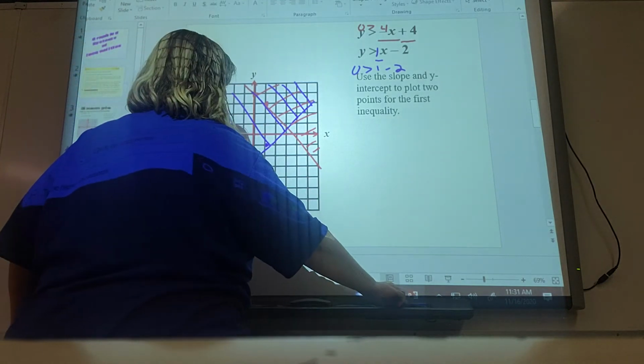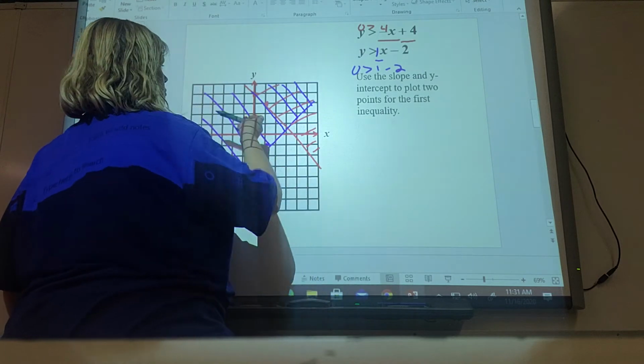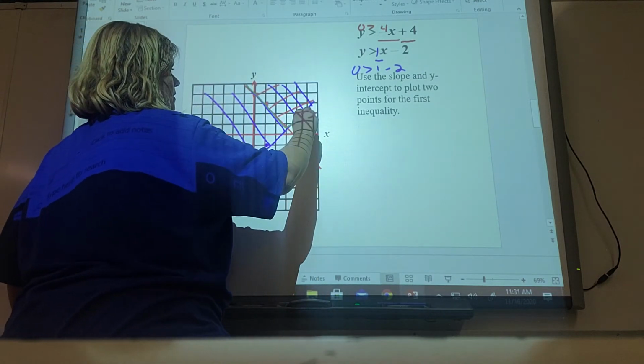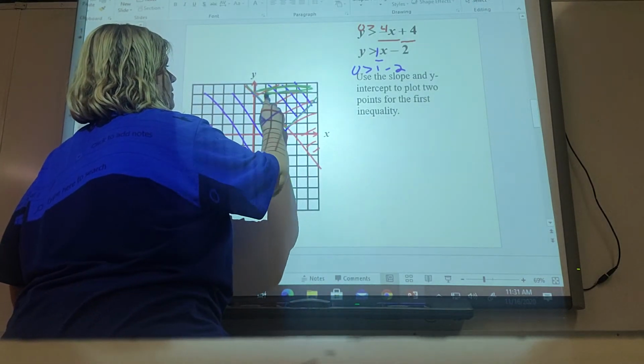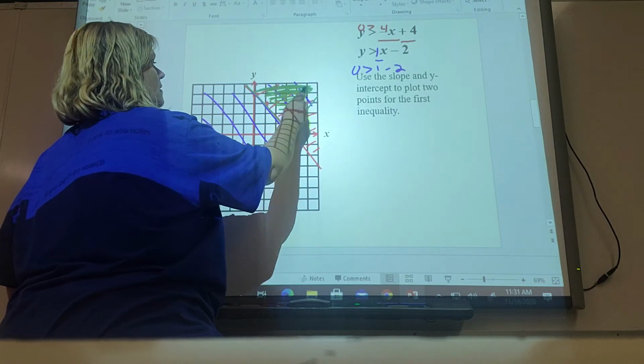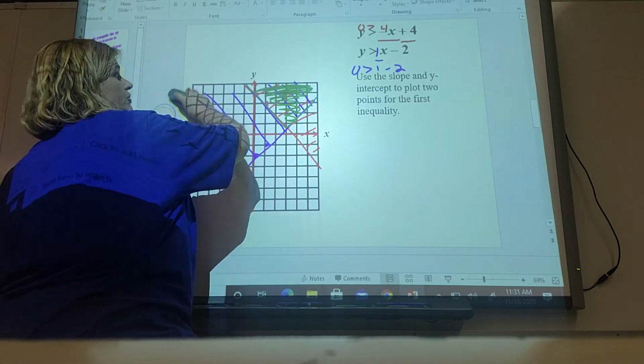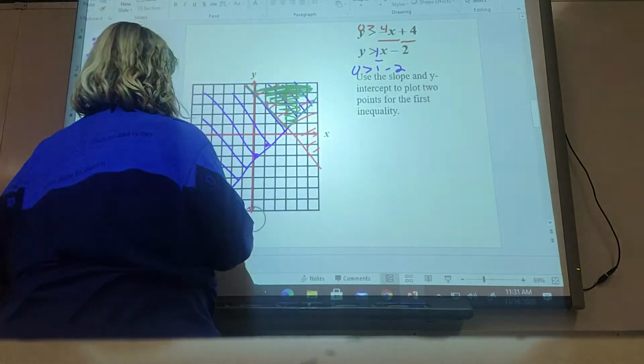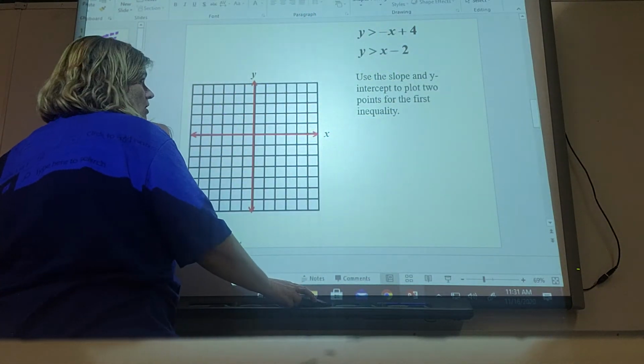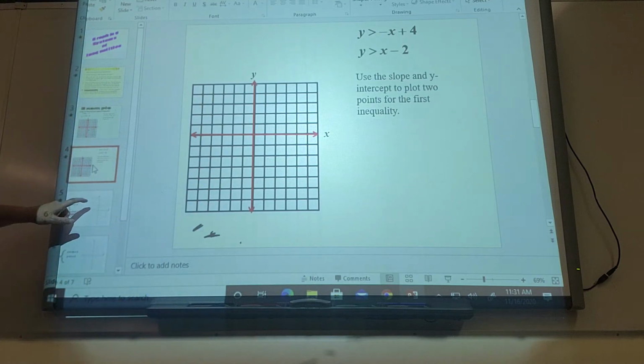So where they overlap is this little corner right here. And that is the solution to this system of inequalities. Any point in that green region would work for those inequalities.